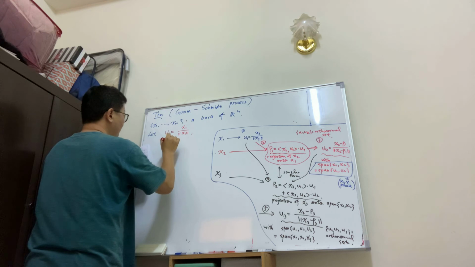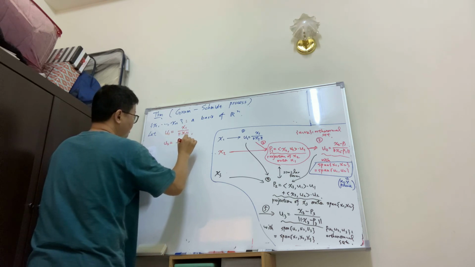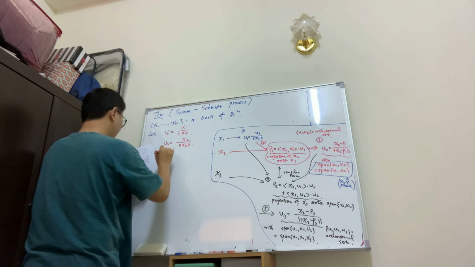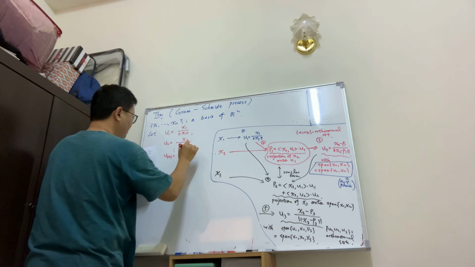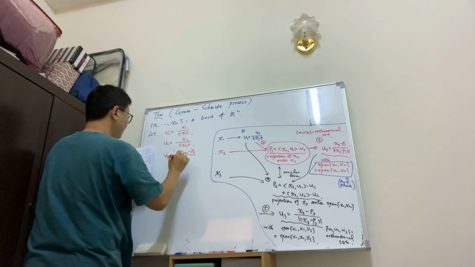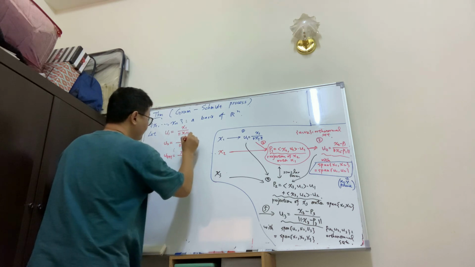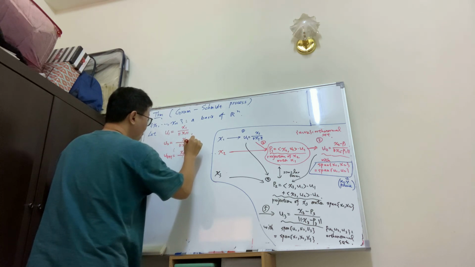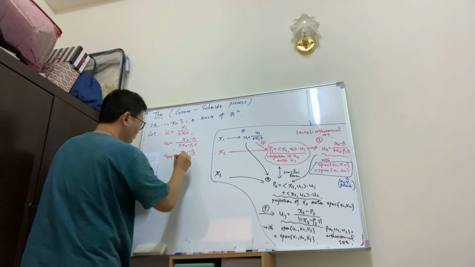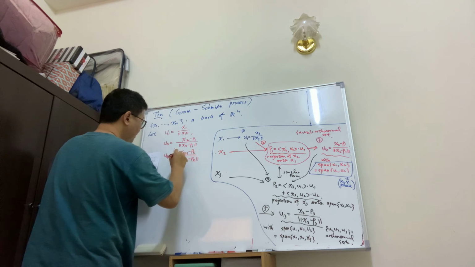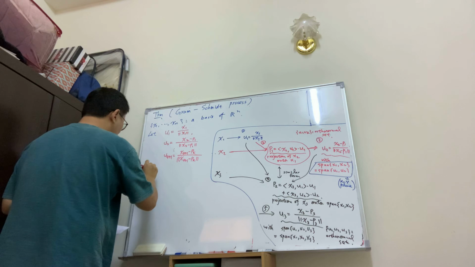U2 I could write as S2 subtract P1, sorry, P1, divided by its length. And in general, U(k+1) is S(k+1) subtract Pk, divided by its length. And what's the projection Pk?